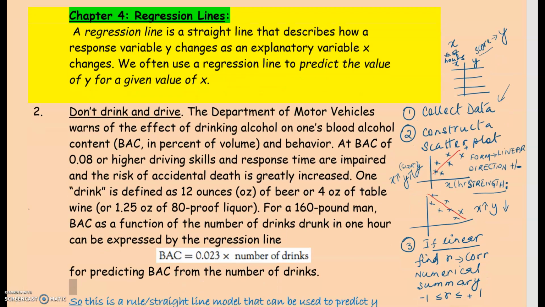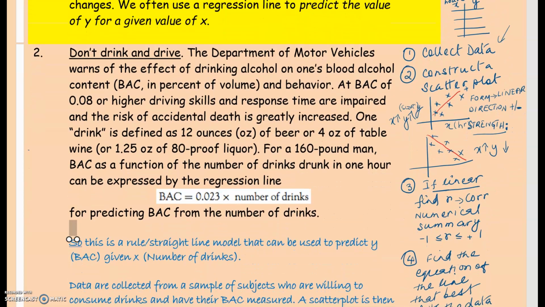So the next step is, in this class at least, we are only going to look at linear functions. If it is linear, then the next step is to calculate correlation R. So unless it is linear, we do not calculate R. So it's appropriate to calculate R only if the function is linear.